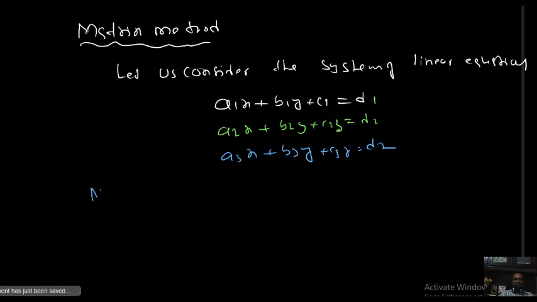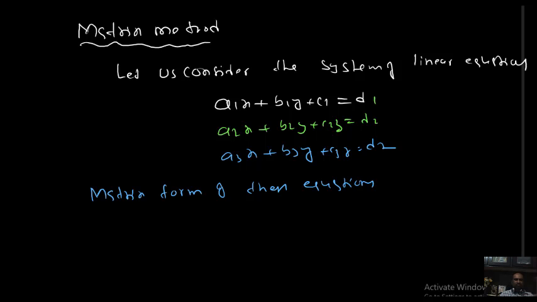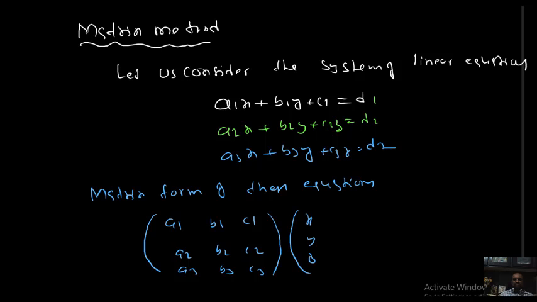Matrix form of these equations. So what is that? a1 b1 c1, a2 b2 c2, a3 b3 c3, times x y z, equal to d1 d2 d3.